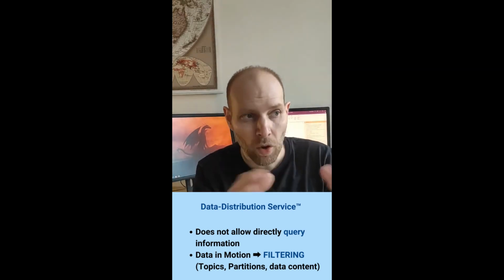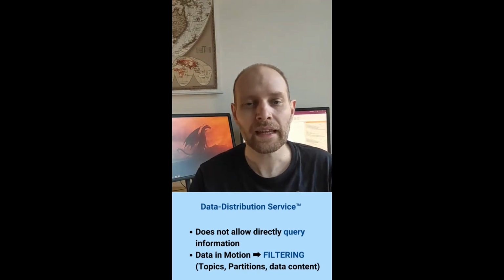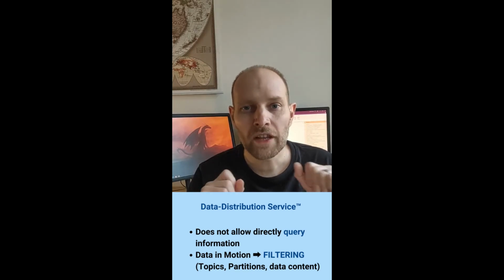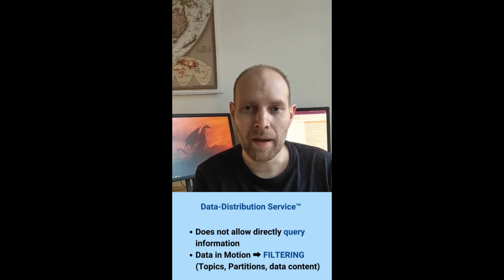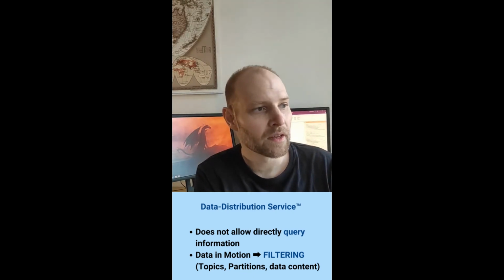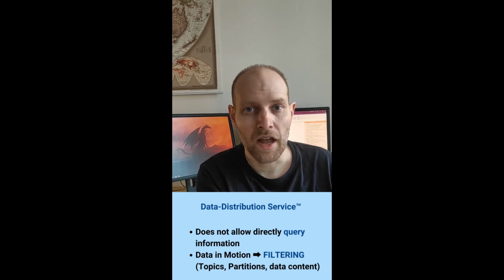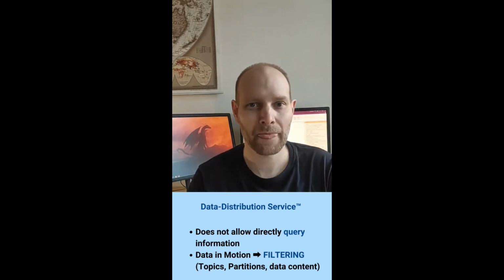So you see only part of the data of your whole system. And within topics, you can use content filtering. You can filter the data by content. So I want only the data between 20 and 50 degrees Celsius, and I don't care about others.